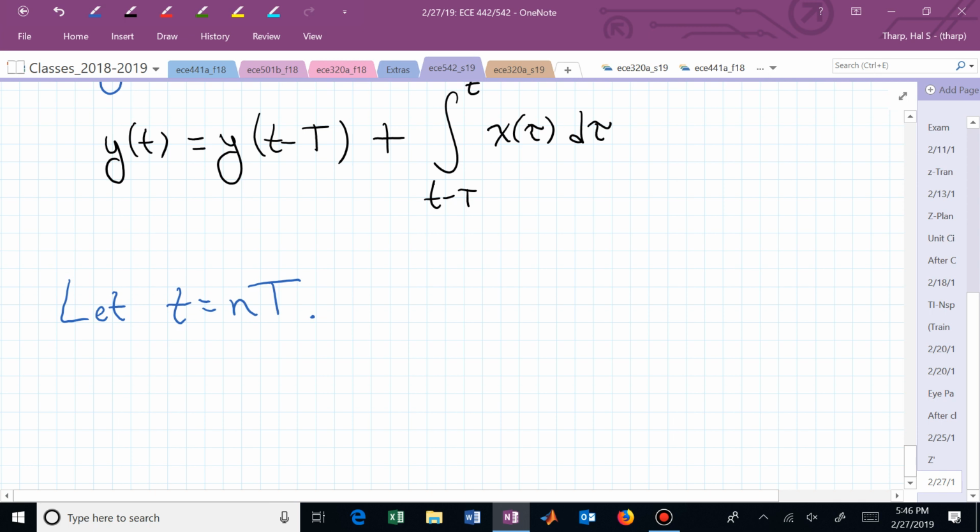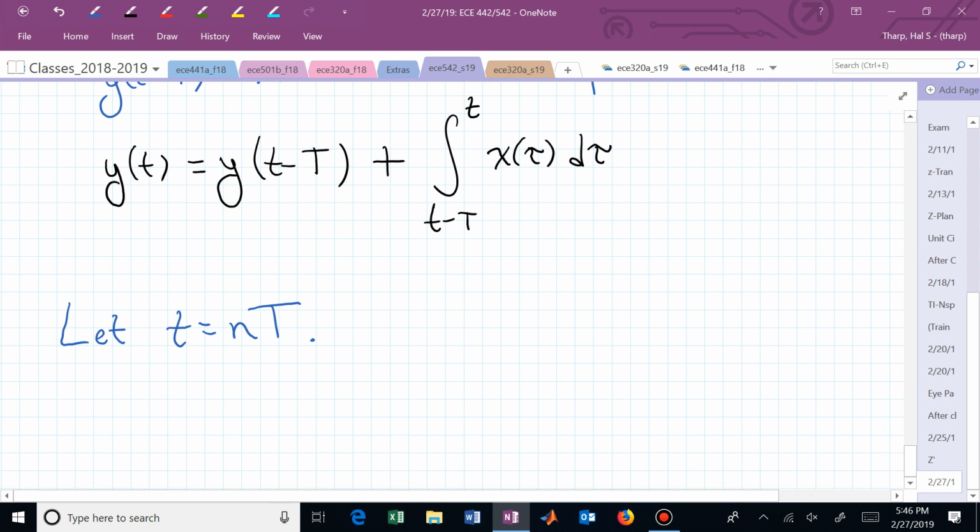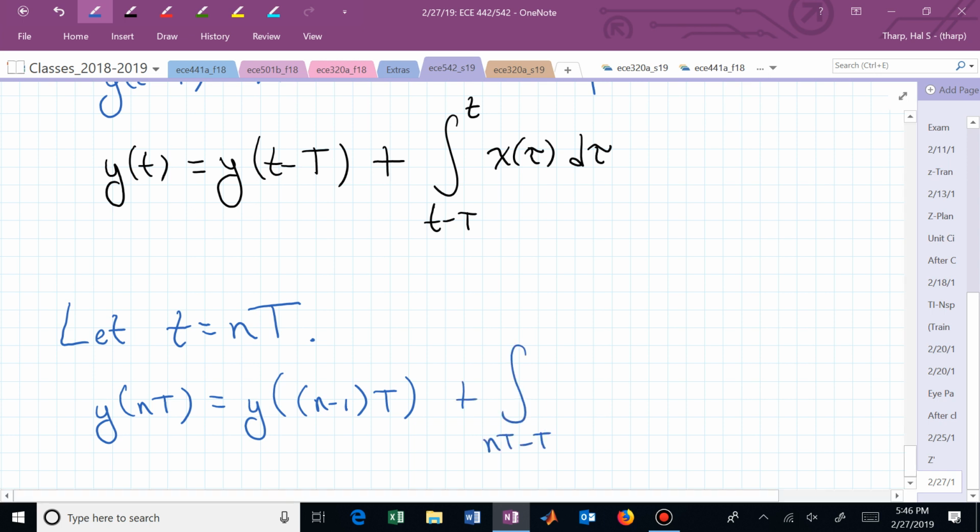Replacing little t with little n capital T in this integral expression that I just wrote down says that we now have y of little n capital T equaling y of the quantity little n minus 1 times T plus the integral from little n T minus T all the way up to little n T of x of tau d tau.